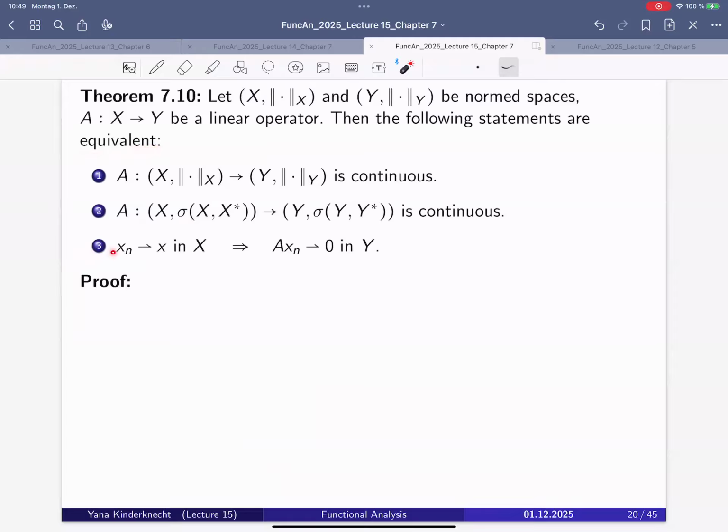If we have any sequence in X which converges weakly to 0, then the sequence of images converges weakly to 0 in Y. There is a typo, of course. So this is a kind of sequential continuity at the point 0 with respect to these weak topologies. This is what we are going to discuss.